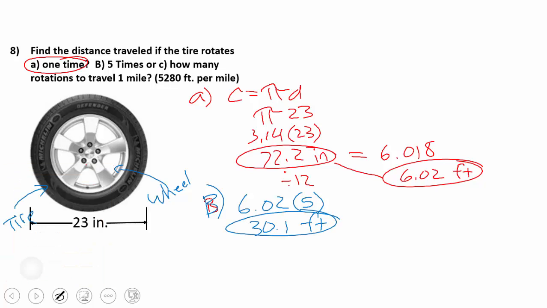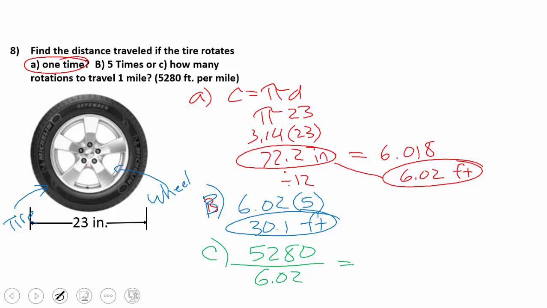And C. How many rotations if I travel a mile? I know there's 5,280 feet in a mile, so I'm going to take 5,280 feet. I'm going to divide that by 6.02 feet that I rotate when I go 1 time on that rotation.